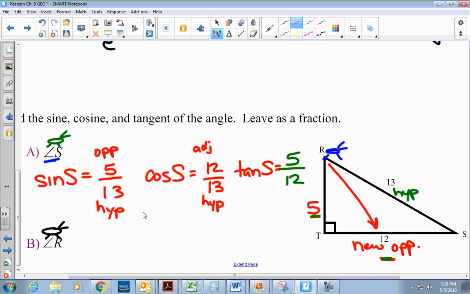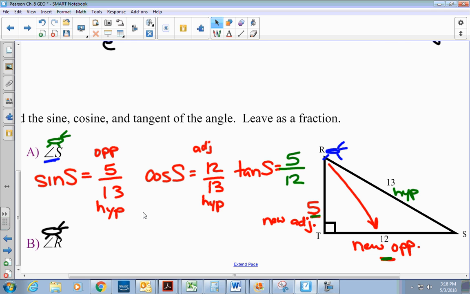Our flea moved, so our opposite also moved. So whatever corner it's in, the one directly across is the opposite, and the one next to it is the adjacent. Yes, correct. And the hypotenuse stays the same. Good assessment. So our new opposite is 12. Our new adjacent is 5.